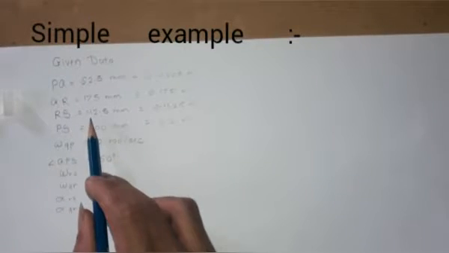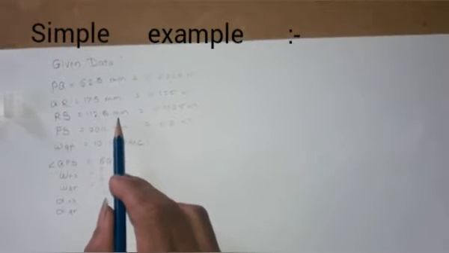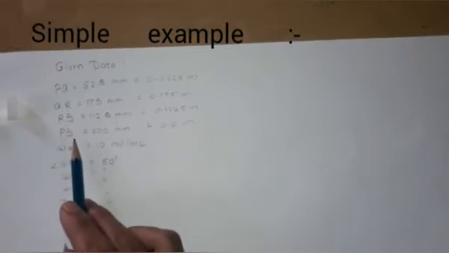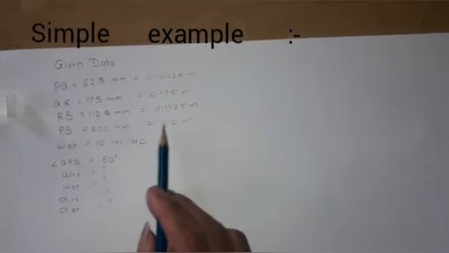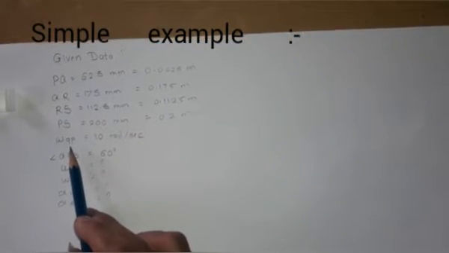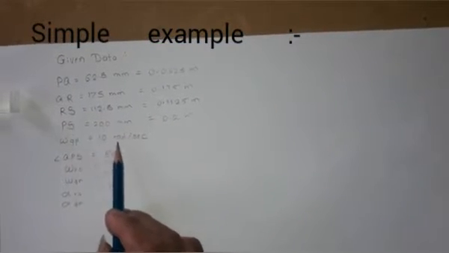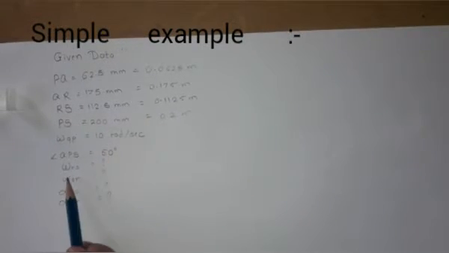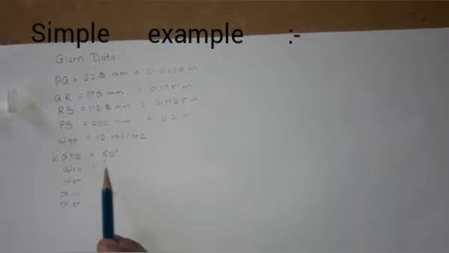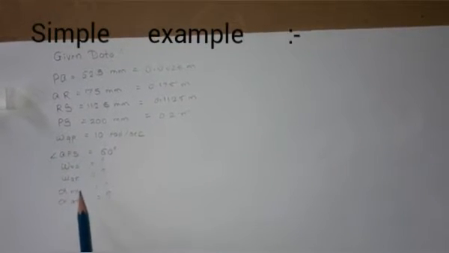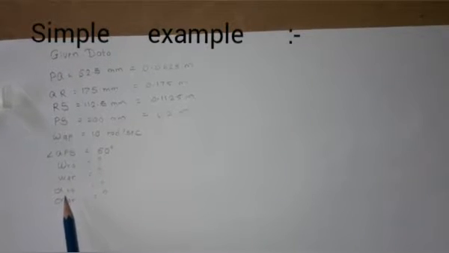RS is equal to 112.5 mm, equal to 0.1125 meter. PS is equal to 200 mm, equal to 0.2 meter. Angular velocity of link QP is equal to 10 radian per second. Angle QPS is equal to 60 degree. Angular velocity of RS we have to find out. Angular velocity of QR we have to find out, and also we have to find out angular acceleration of link RS and link QR.